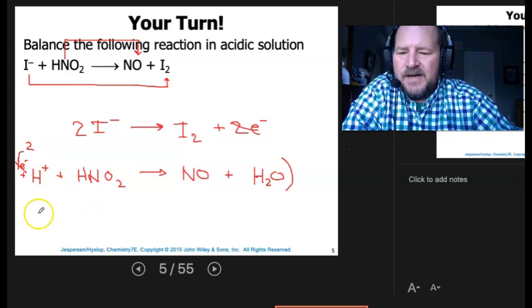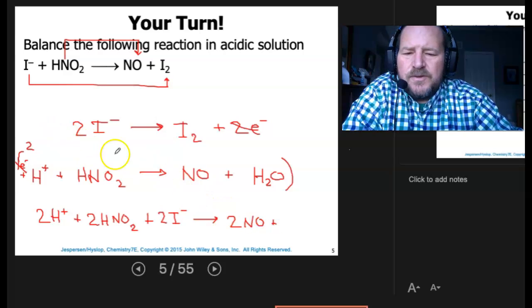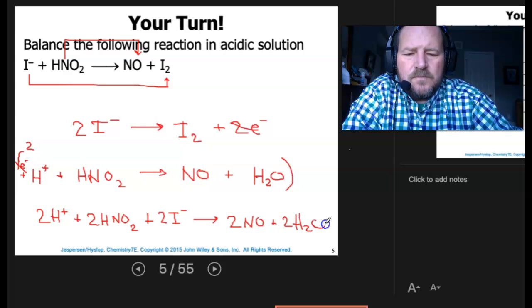So we have 2 times the H plus, 2 times the HNO2, plus 2 iodide, goes to 2 NO, plus 2 H2O, plus the iodine, I2.